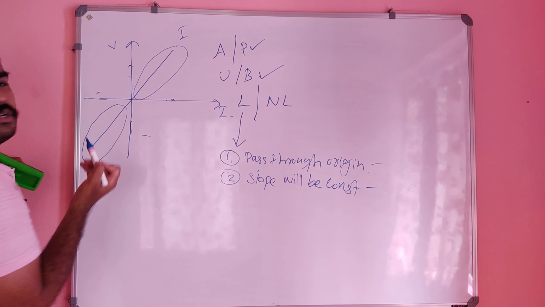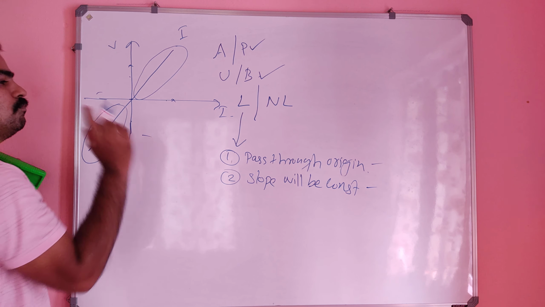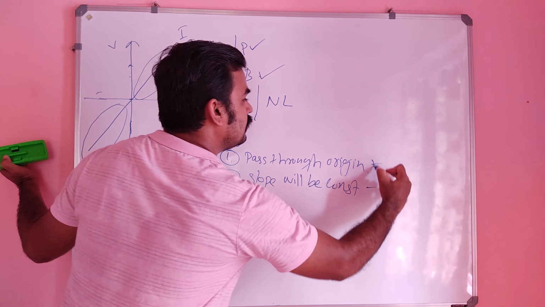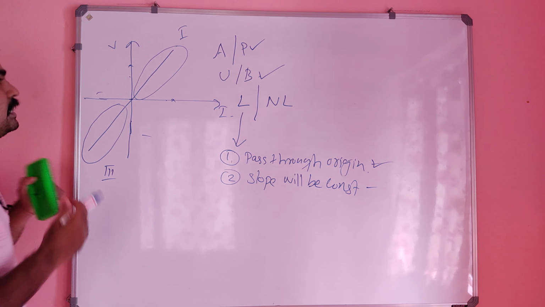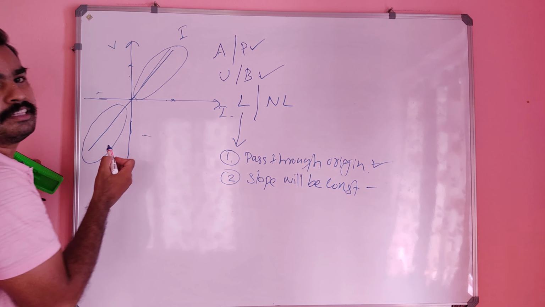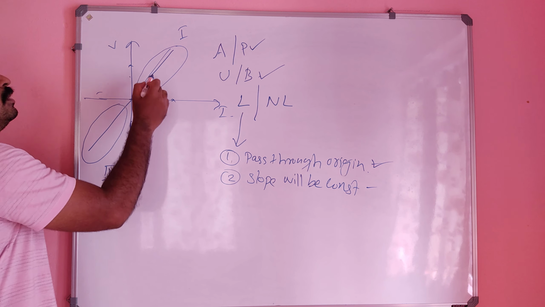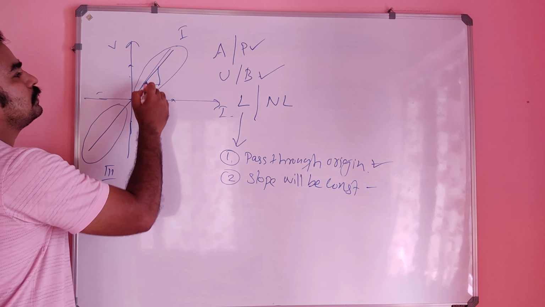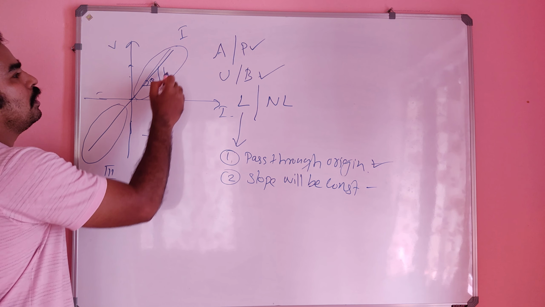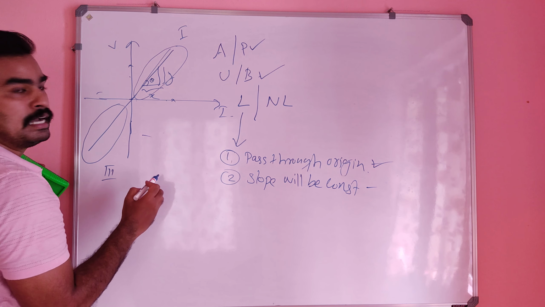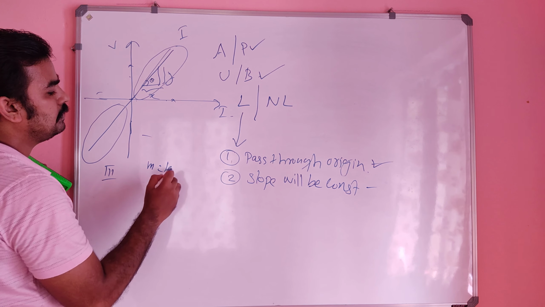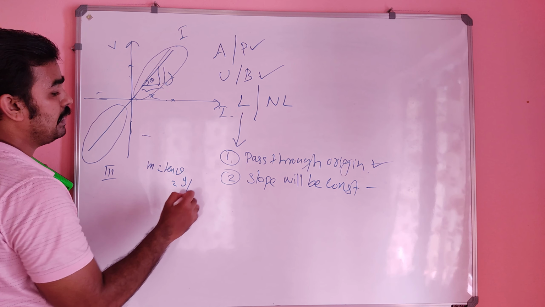So let's see for this element. Of course the graph is passing through the origin, so the first criterion is satisfied. And the second criterion is what? The slope will be constant. See, this is the slope. Slope is nothing but y by x. Suppose this is theta, this will be the y term, and this will be the x term. So definitely tan theta, the slope m, will be equal to y by x.